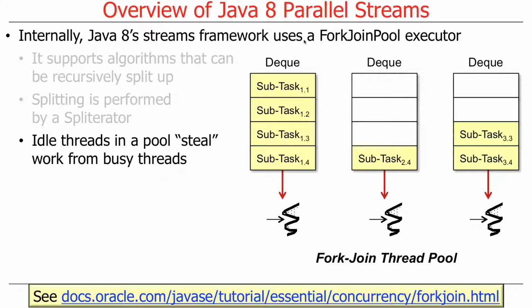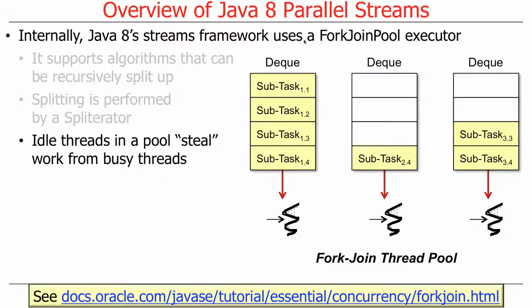For a core to go to sleep, we're talking about tens of microseconds, but that's a long time. And so rather than have things go to sleep, what you want is for them to continually be active. And the way they stay continually active is if one thread runs out of work in its queue, it will then go and steal work from another queue in order to keep going.